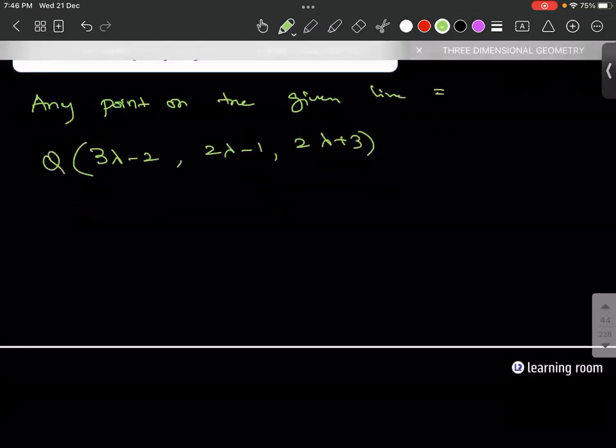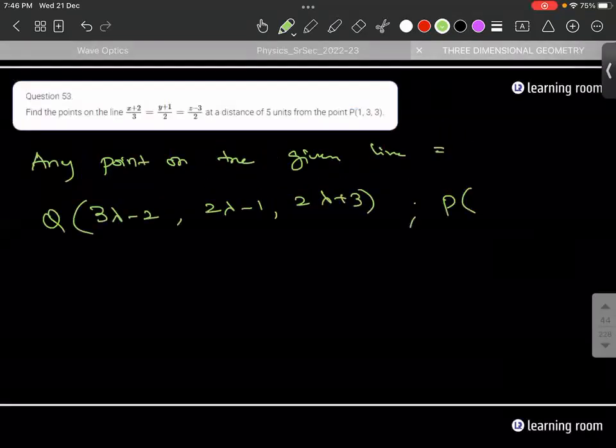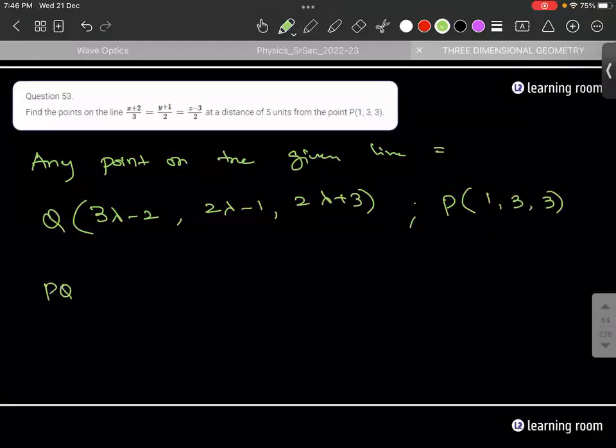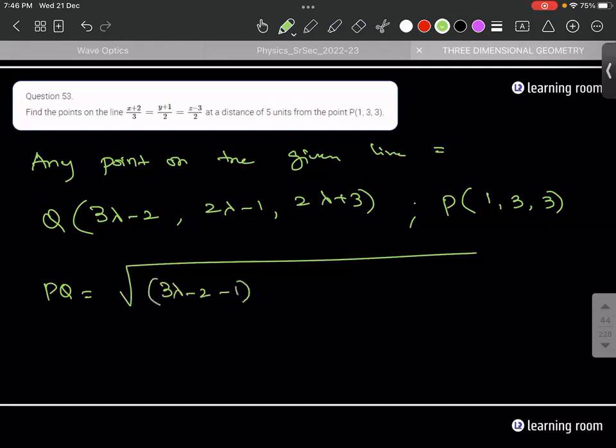If I take this to be Q and P to be (1, 3, 3), what is the value of PQ? It will be square root of (3 lambda minus 2 minus 1) the whole square plus (2 lambda minus 1 minus 3) the whole square plus (2 lambda plus 3 minus 3) the whole square.